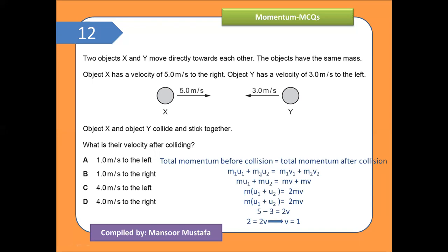Now this is representing the mass of first object and initial speed of the first object. So definitely mass will not change, mass will remain same. So we'll take mass as a common, so that will become u1 plus u2. So u1 u2 they are the initial speeds of these objects, so that are 5, and we have to take this 3 as a negative.